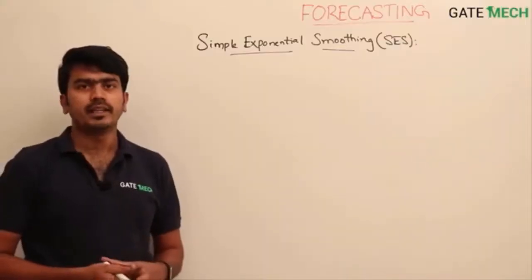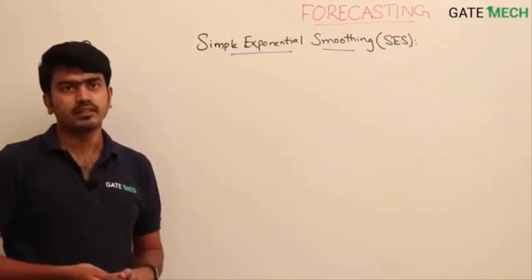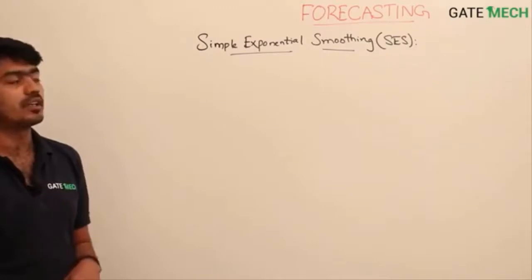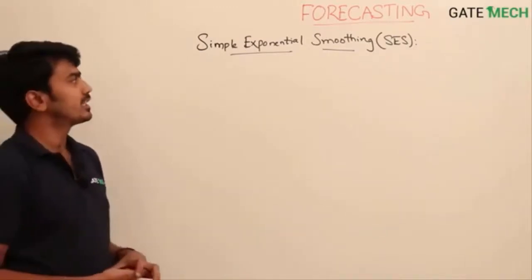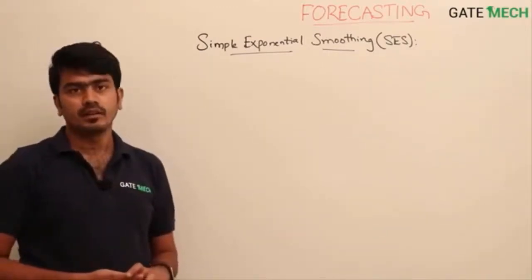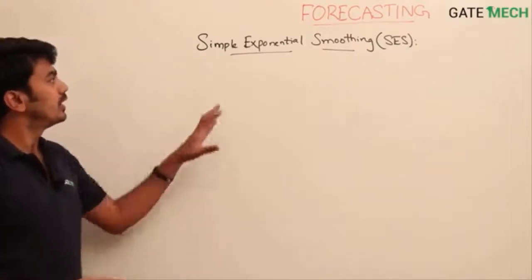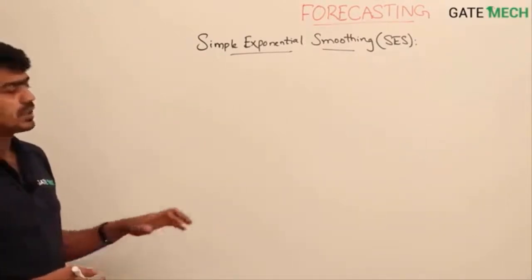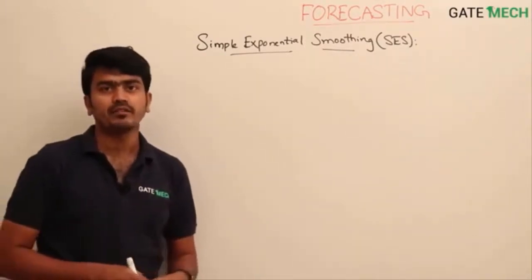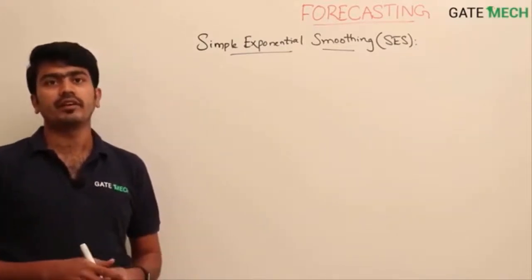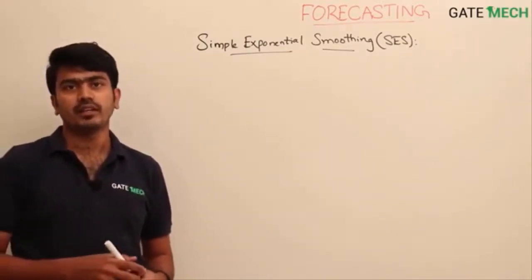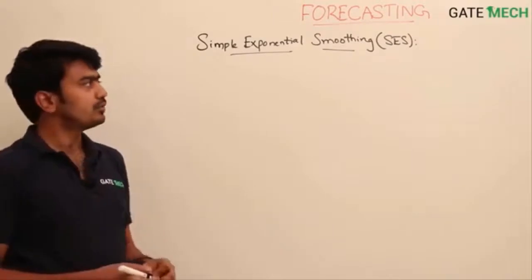The third method in time series methods is simple exponential smoothing, also referred to as single exponential smoothing in some books. This method is basically suitable for data which does not have any trend or seasonal components in its characteristics.